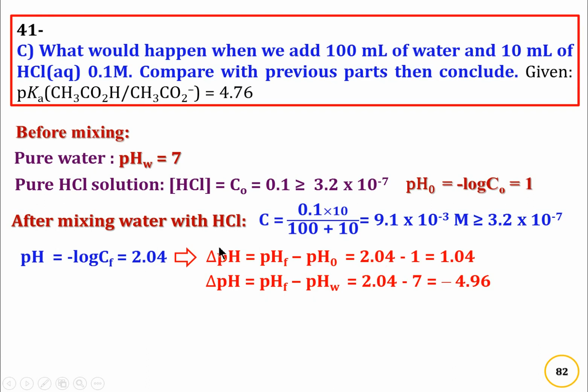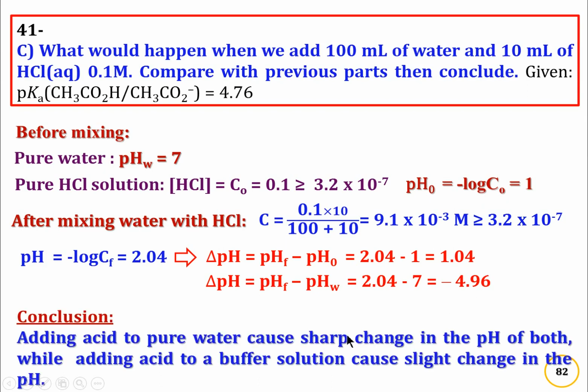So the variation of the pH of HCl is 1.04, and the variation of the pH of water is minus 4.96. So as a conclusion, adding acid to pure water causes a sharp change in the pH of both.